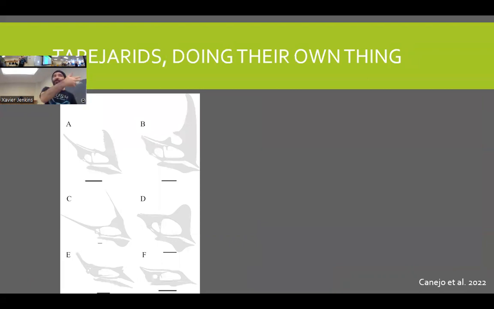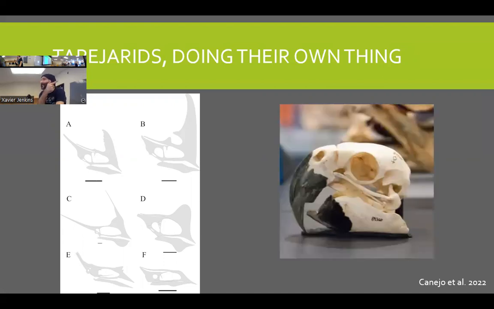And then Tapejarids, short beaks, big crests, they seem to have been doing their own thing. So these beaks are down curved, very short, pretty deep. They're pretty wide as well. They have these bumps on the sides of the jaw, almost like teeth, which sort of fit into this notch on the upper jaw. Now, these skulls are surprisingly similar to skulls of parrots. And so you can see parrots, they also have wide skulls, short, relatively deep, down curved beaks.